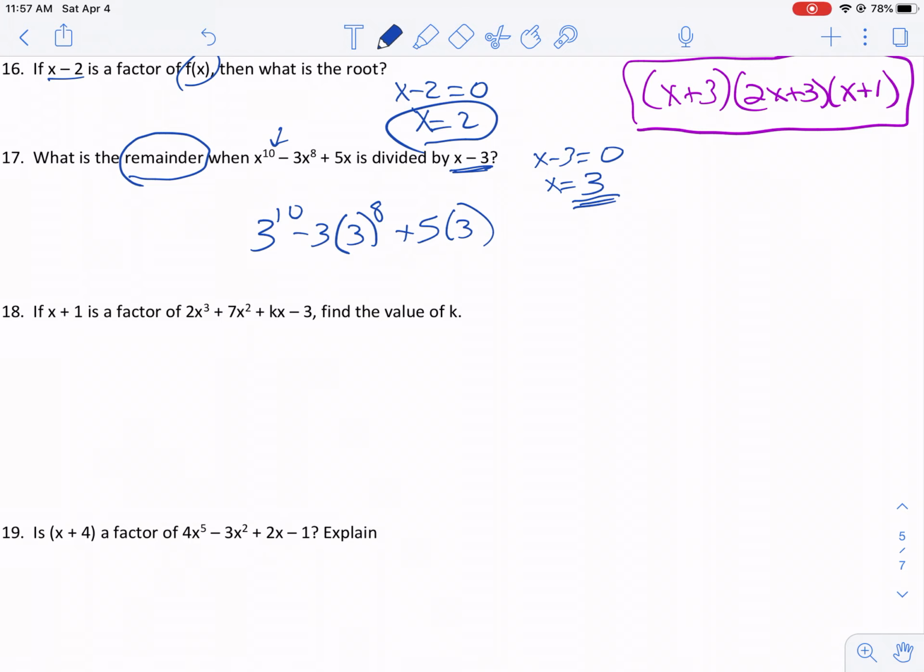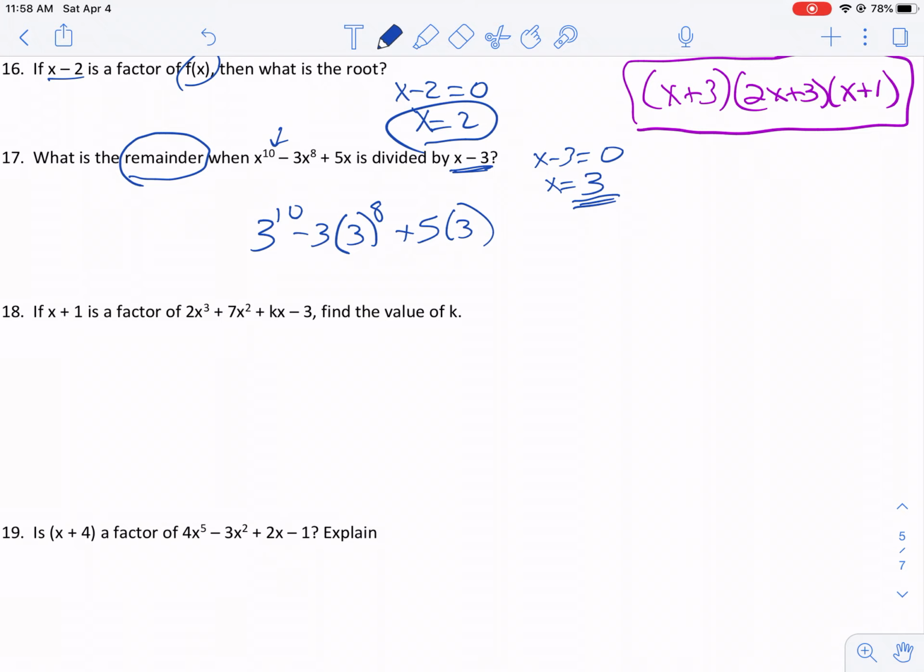Holy cow. I don't like this calculator that I have to use, guys. Just saying. Alright. Still not sure I like what I'm getting.